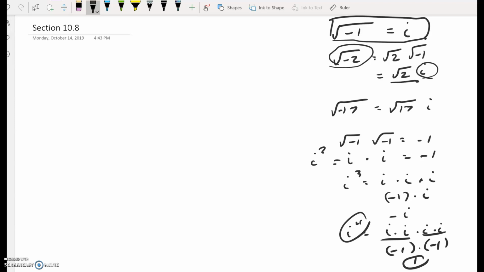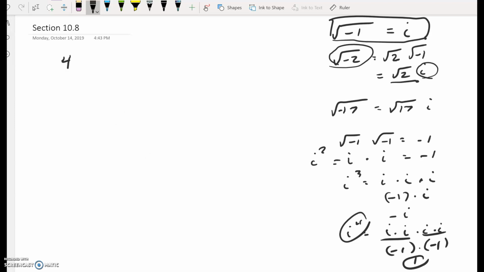So what does all this have to do with really almost anything? Well, we're going to learn first of all how to manipulate these i values, and then in the next chapter we'll actually use them for a little bit of something, not much. So let's first learn how to mix these i values with actual numbers.